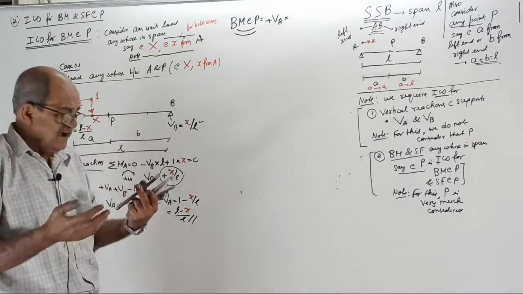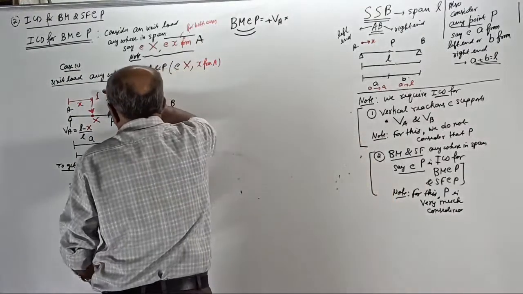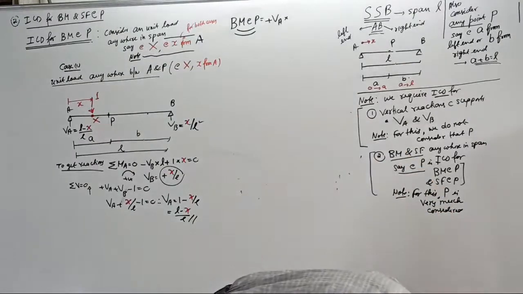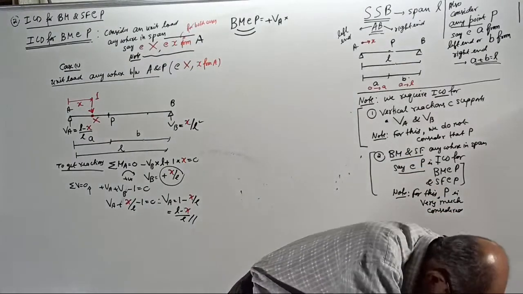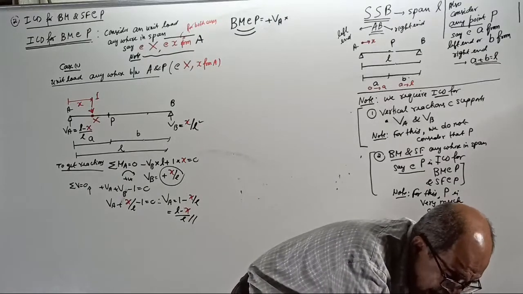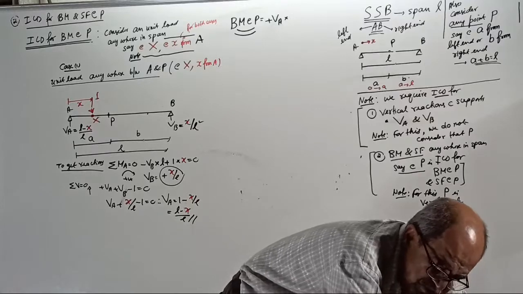Where all you get these ideas from? I want bending moment at the point P. VA into. How much? Bending moment at P I want. VA into. Okay, we will do the class slowly. We won't hurry.